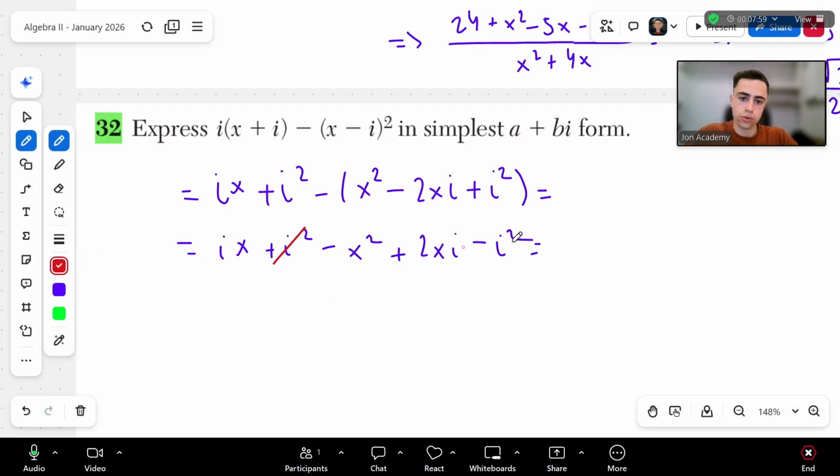And now these two cancel out, and we are left with, let's see here, minus x squared and then plus 3xi. So that will be, we could write also a equals minus x squared, and b would be 3x.